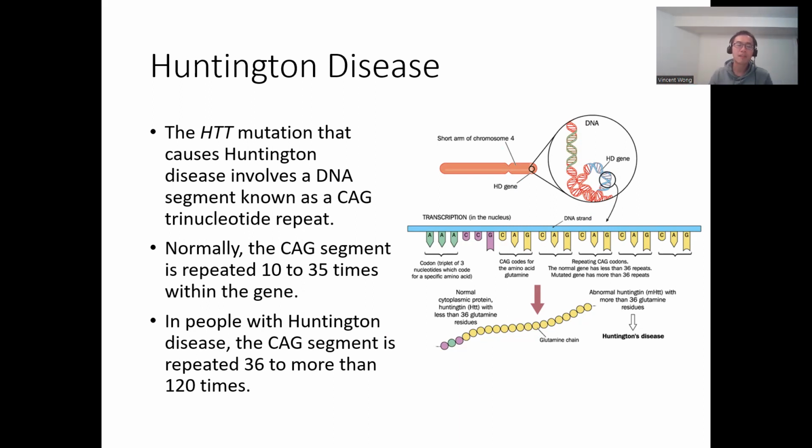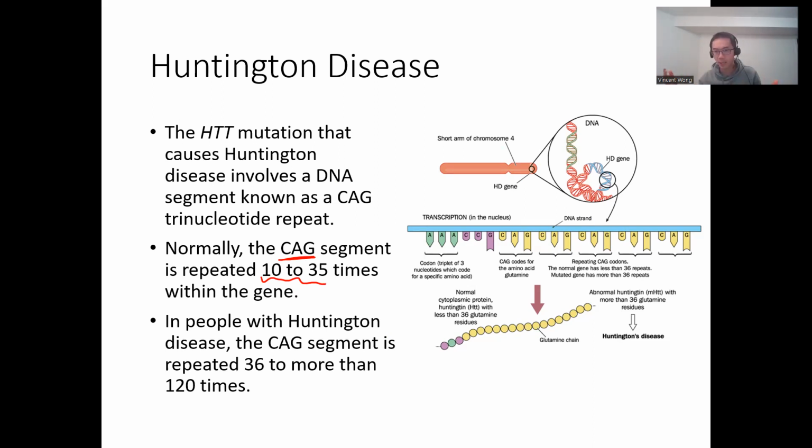Okay, so they have identified a gene called the HTT gene, and within this gene, there is a CAG segment. In normal individuals, as in people who don't have Huntington disease, the repeat is about 10 to 35 times. So if it's CAG15, it means CAG is repeated 15 times.